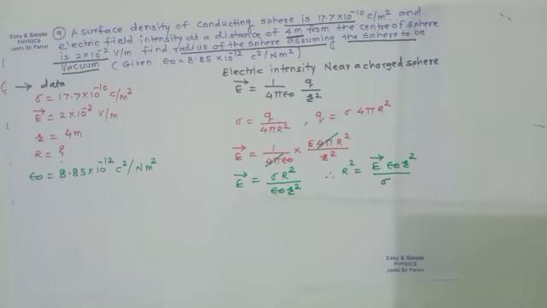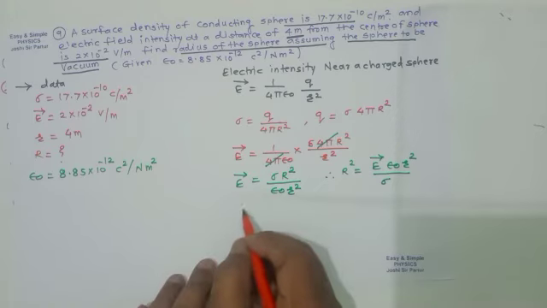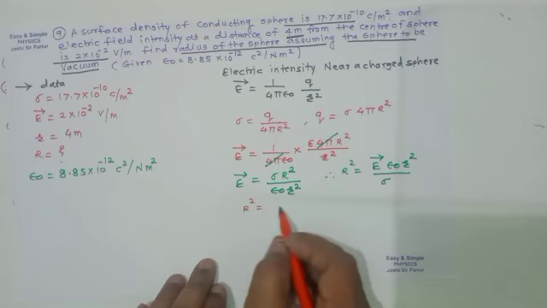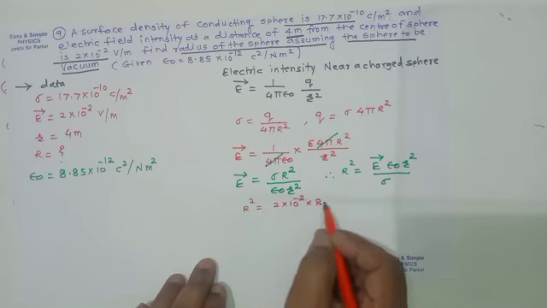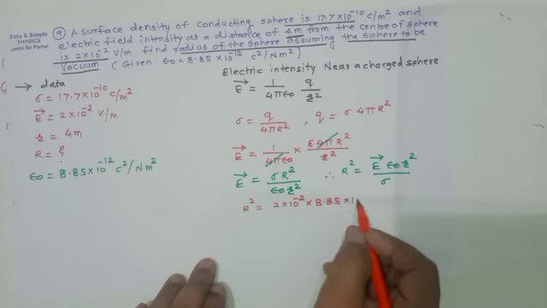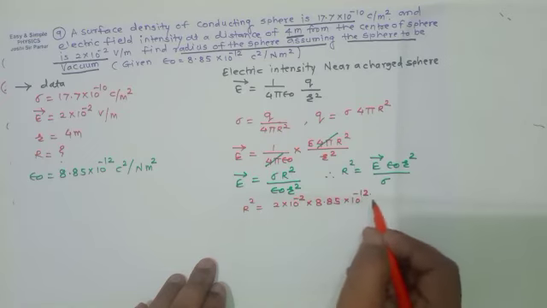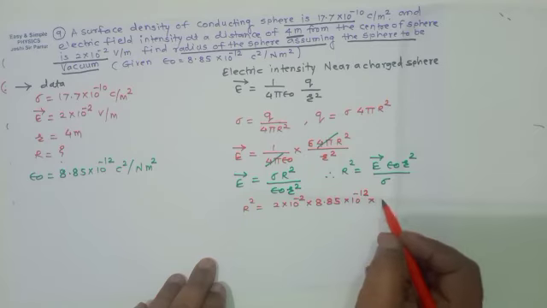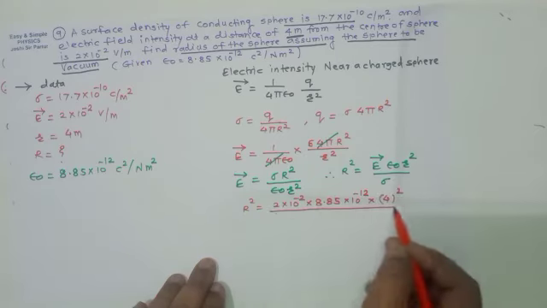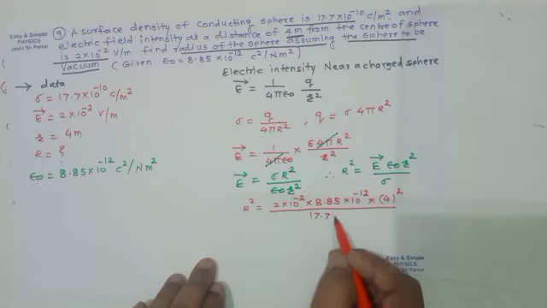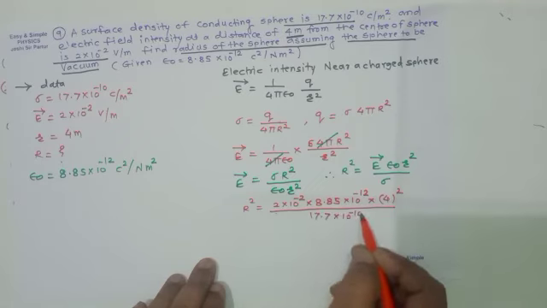If we substitute the values, capital R square will be 2 into 10 raised to minus 2 multiplied by 8.85 into 10 raised to minus 12 multiplied by 4 bracket square divided by 17.7 into 10 raised to minus 10.